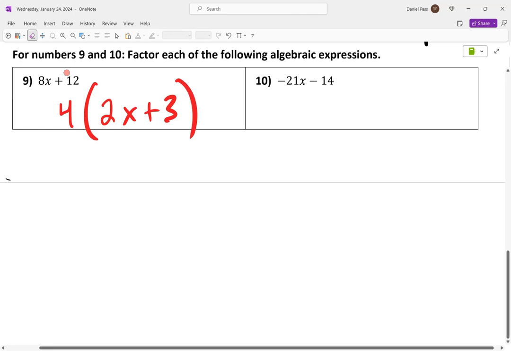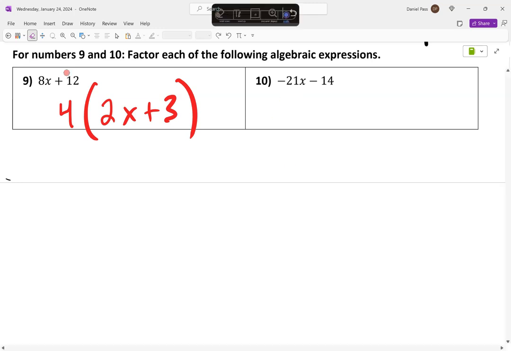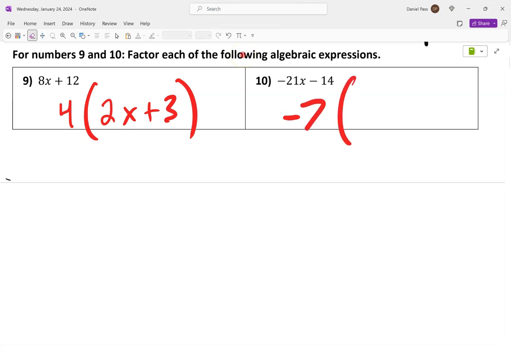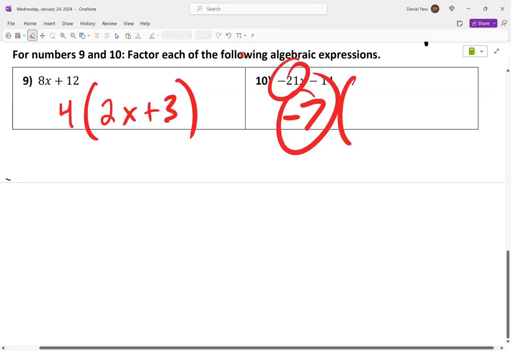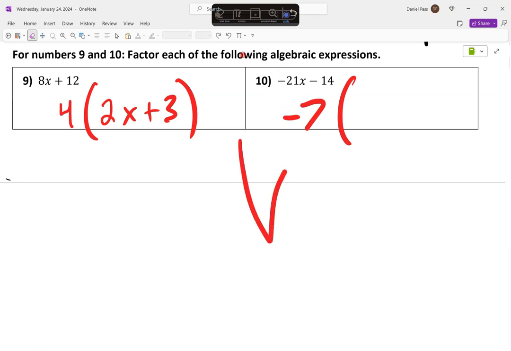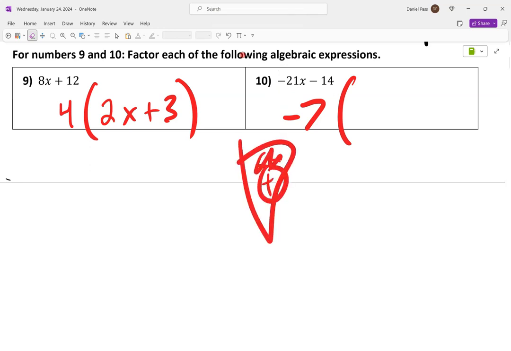All right, next one. Now, since the first number is negative, we have to divide by negative. What are we dividing by? 7. Right, 7. Okay. So, negative divided by negative. Again, be careful. Negative divided by negative makes a positive. Positive 3x. Negative divided by negative, again, is positive.